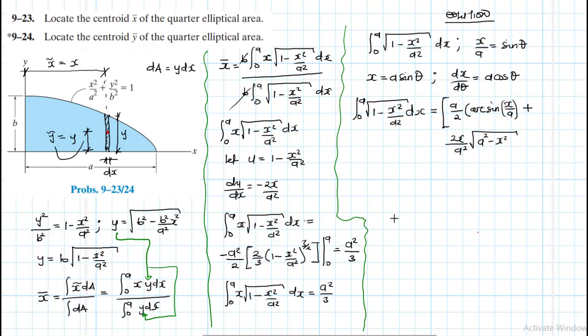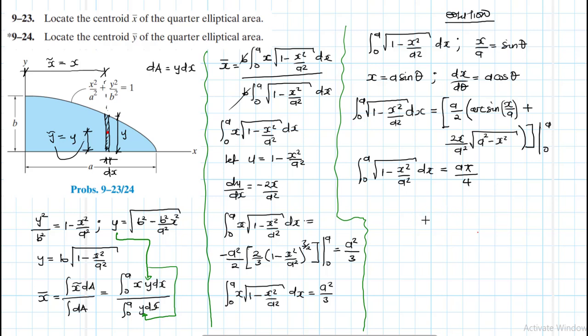So all this bracket here, let me enlarge this bracket, goes with this one like that. Then we have the bigger bracket, and we are evaluating from 0 to a, and therefore if we do everything else, this is going to be equal to a pi divided by 4.